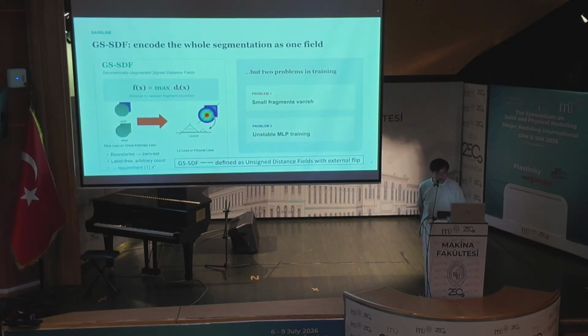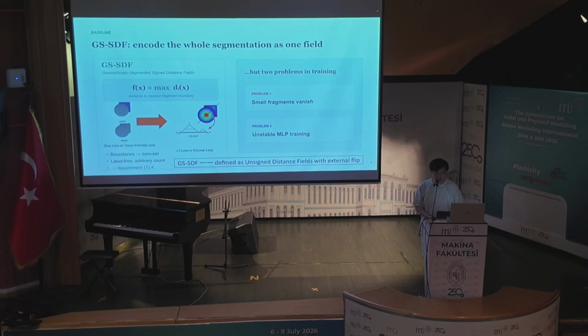As the starting point, we found a signed distance field. The name is called GSSDF, but we think this is a simple signed distance field with an external flip. So we give it a new name, but actually it is totally the same as the signed distance field.